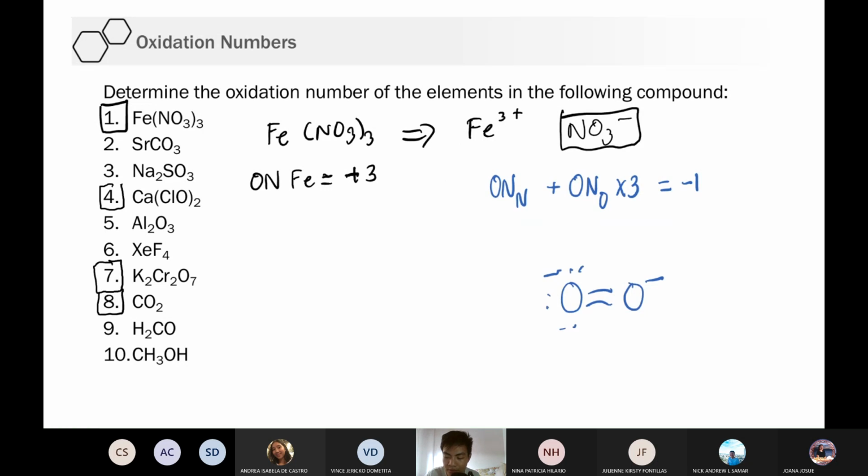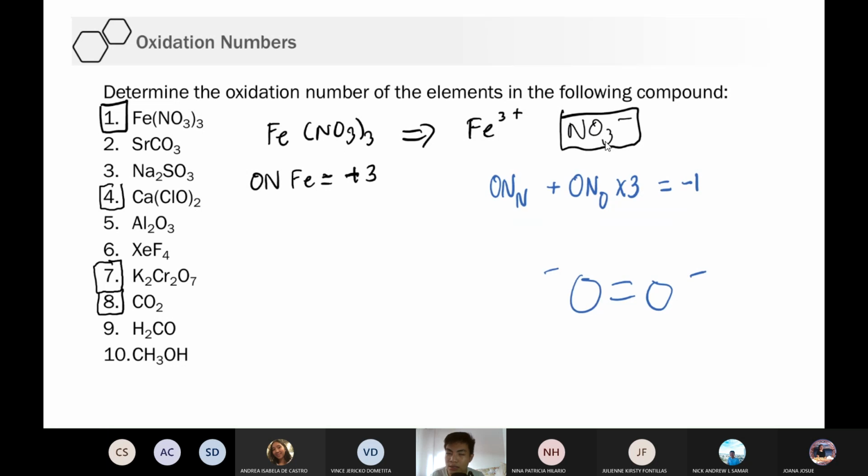So this is the peroxide ion. And so the formal charge of this is negative 1, same as this one, negative 1.